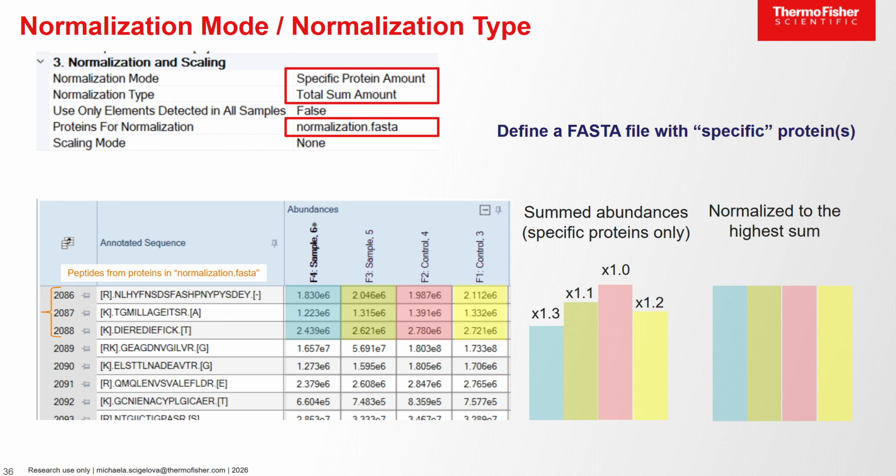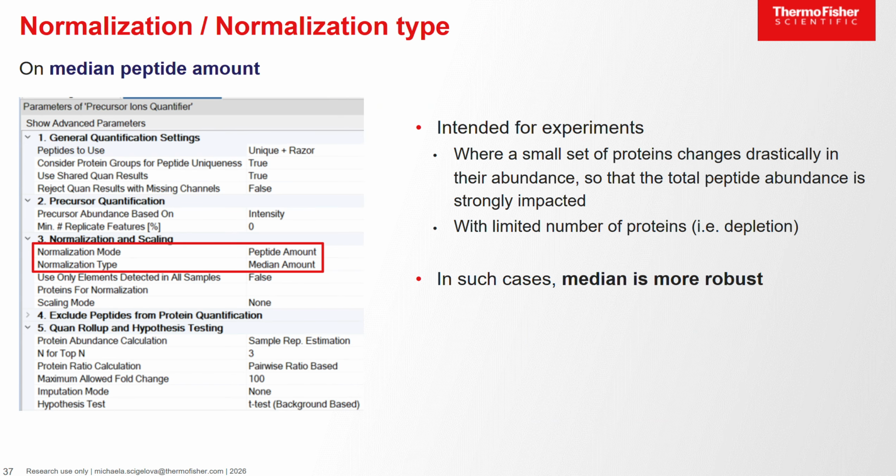So this is the normalization on the specific protein amount, where you select a particular protein you want to use for normalization, and it could be one protein, it could be multiple proteins, it could be a whole species FASTA database if you have a mixed sample where such a mixture of different proteomes is occurring. You can select more or fewer proteins for normalization. Depends on the setup of your experiment in detail.